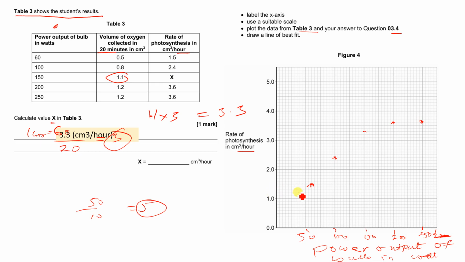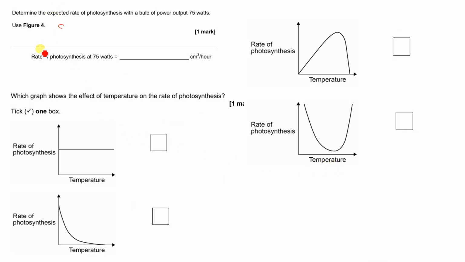Line of best fit. Sorry, I can't really draw it properly. So just make sure you draw the line that touches most of the plotted dots. Now determine the expected rate of photosynthesis when the bulb is at 75 watts.